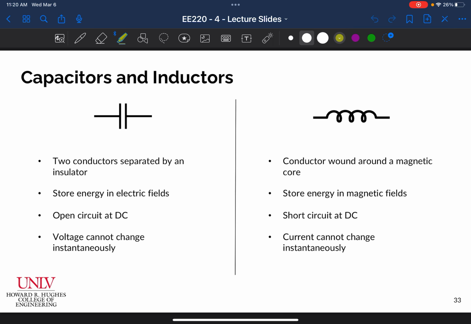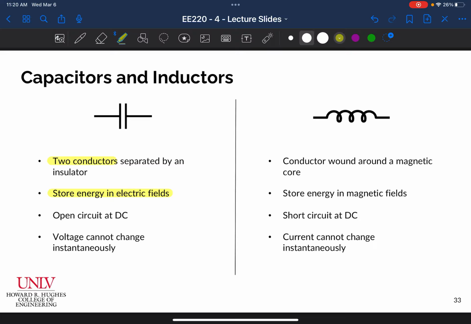The capacitor is two conductors that are separated by an insulator. I have my first conductor on the left and my second conductor on the right. In terms of my symbol, it's pretty self-explanatory. These capacitors store their energy in the form of an electric field.